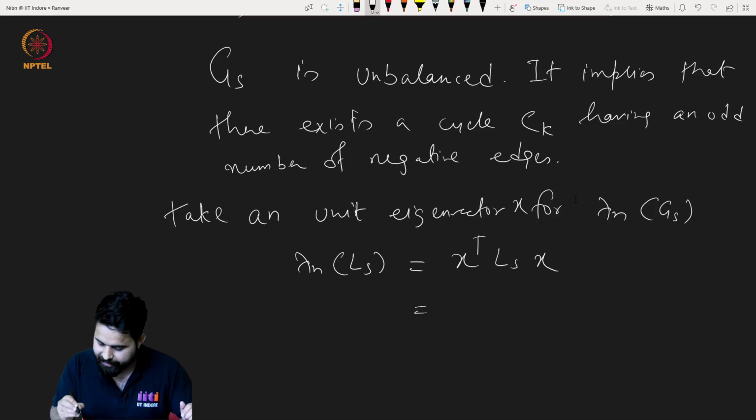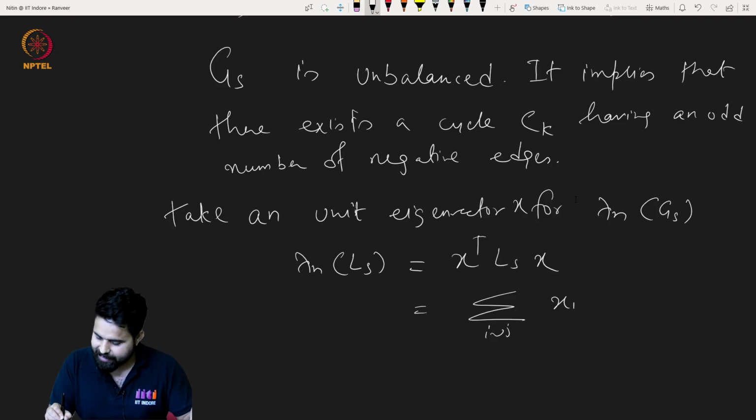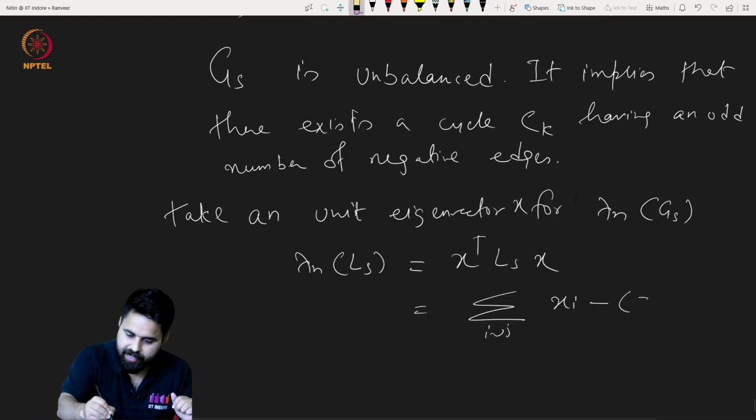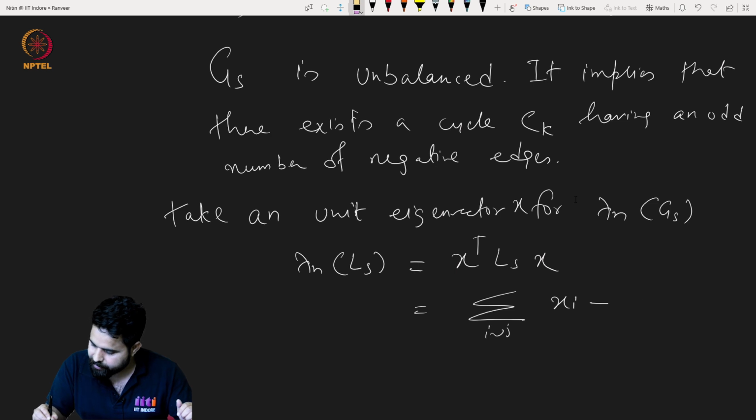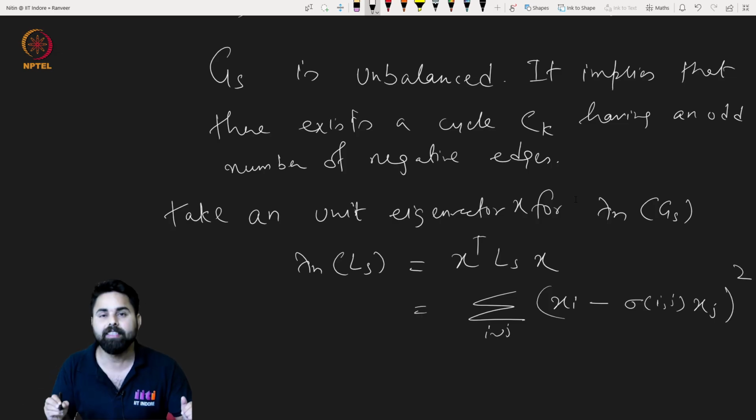We can write this as the summation over all edges of xi minus sigma(i, j) times xj, squared. This we have seen.